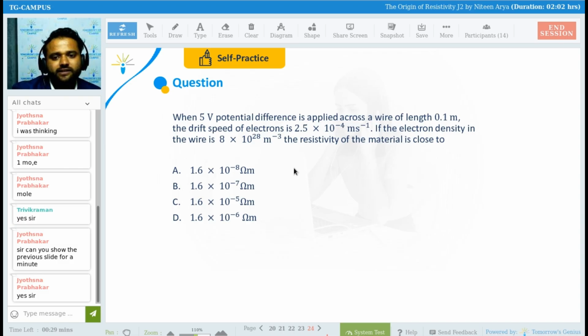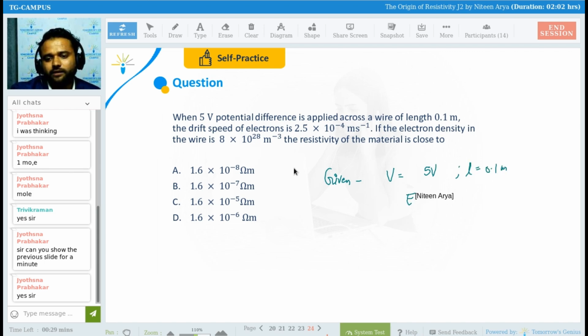See, whenever you face this kind of question, just write down what is given and then think in your mind what we have. We have potential difference, 5 volts, right? And then we have length also, 0.1 meter.